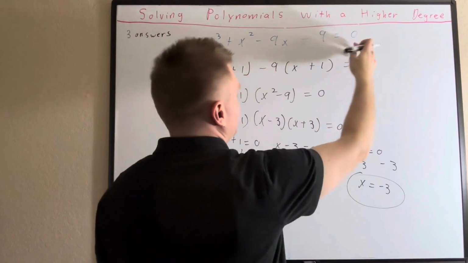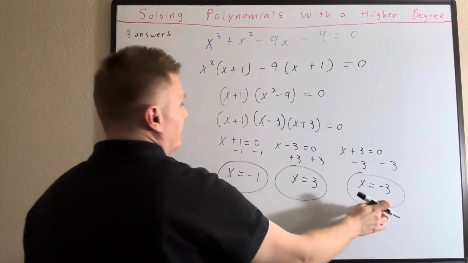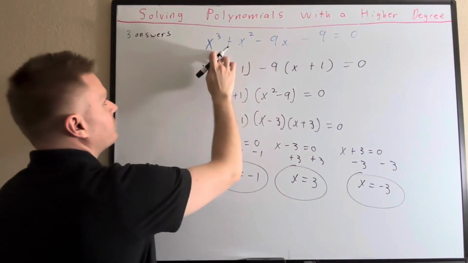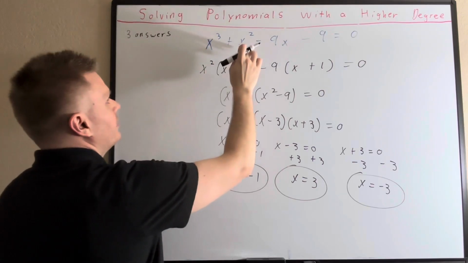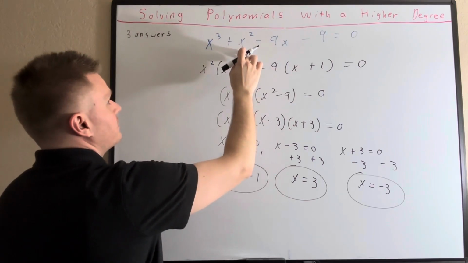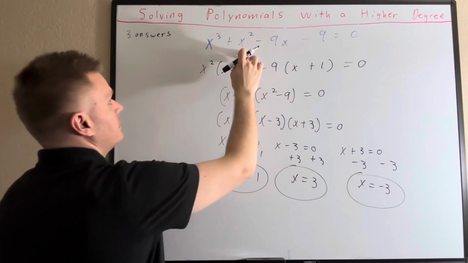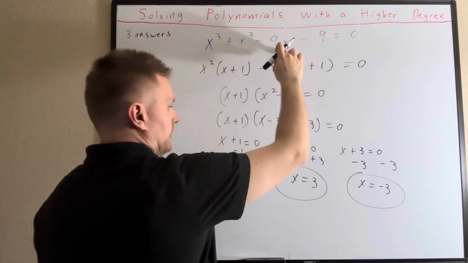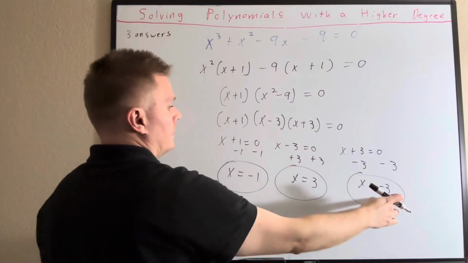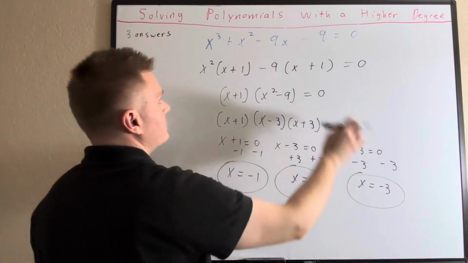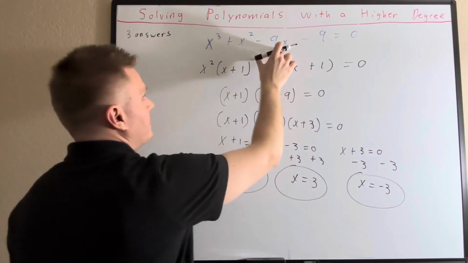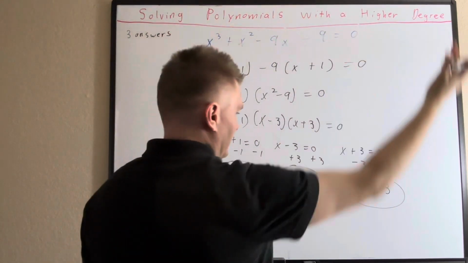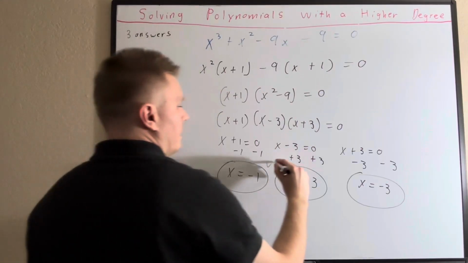Minus 9 is 0. Negative 3. Okay, we got negative 27. Plus 9 is negative 18. Minus 9 times negative 3, so that's actually plus 27. So we're at a plus 9 minus 9 is 0 again. So all 3 check.